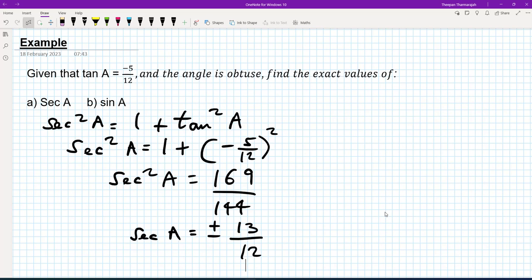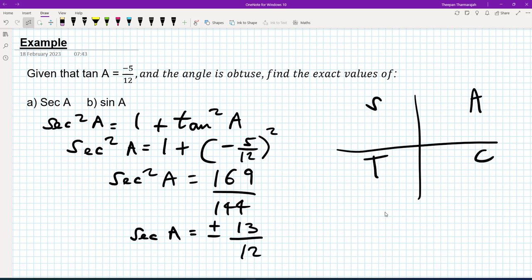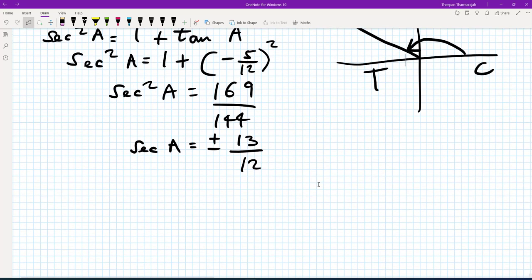Well, now we have to use the CAST diagram. If it's obtuse, a general obtuse angle lies in the second quadrant, and here cosine is negative because sec is 1 over cosine.